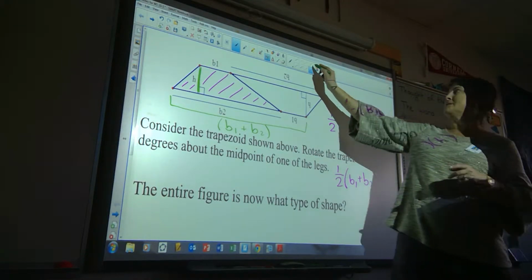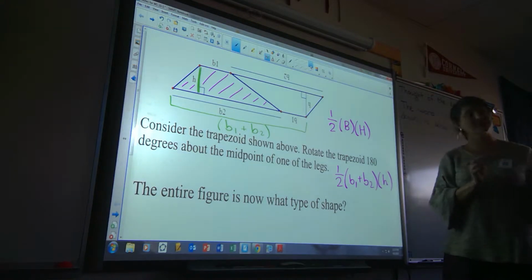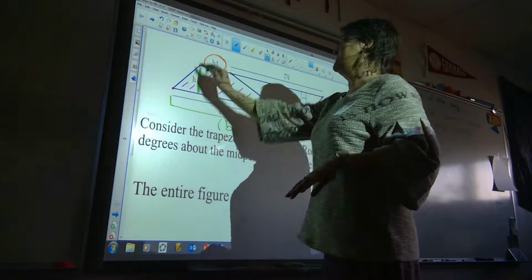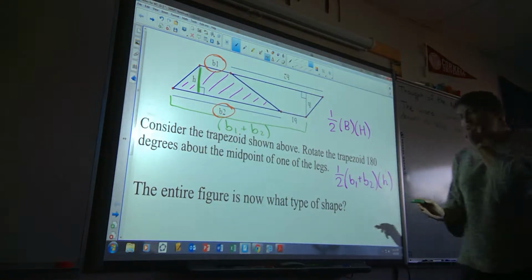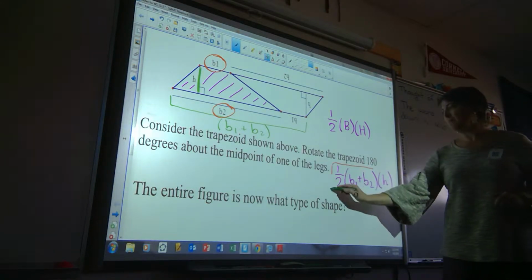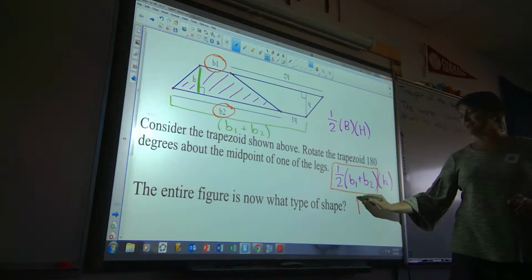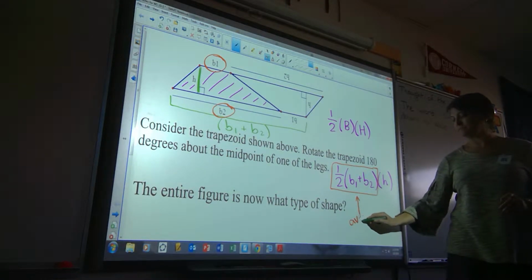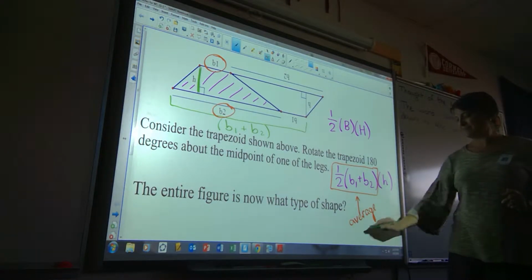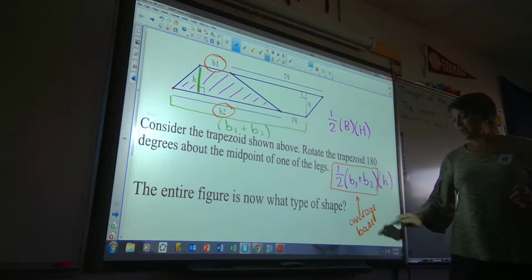Now, sometimes what I like to suggest that students do is separate this portion of it and think of that as the average base length. And maybe that would help.